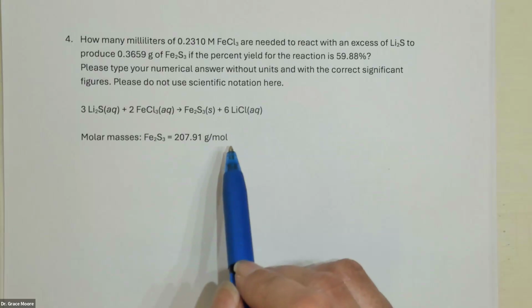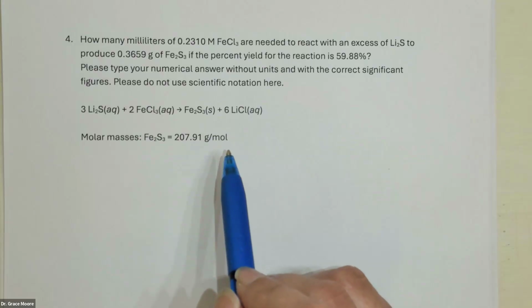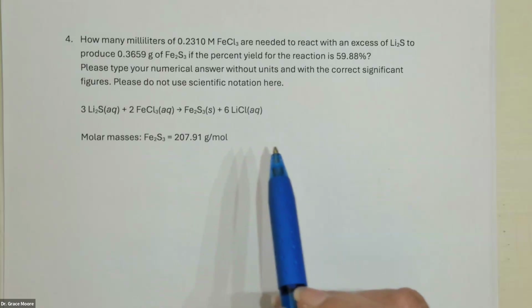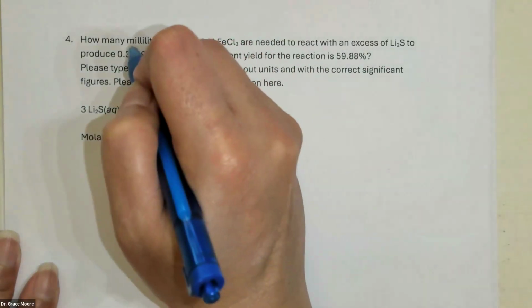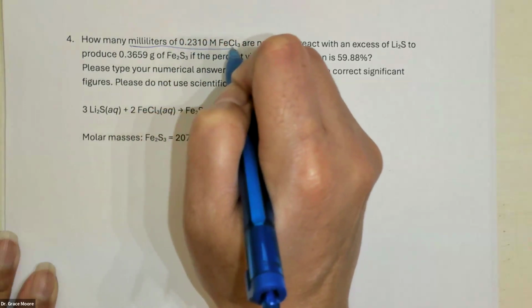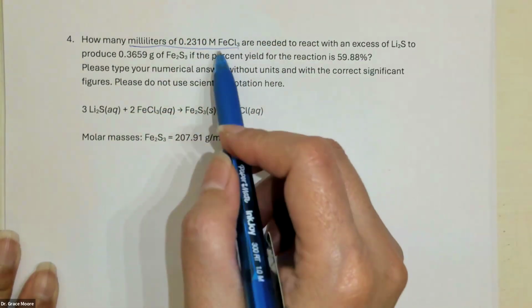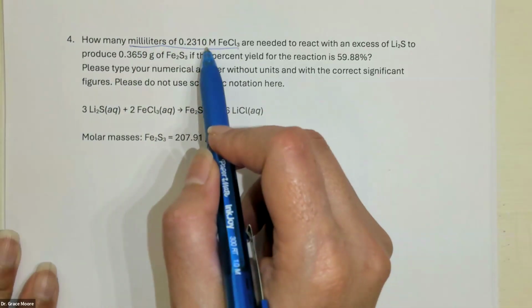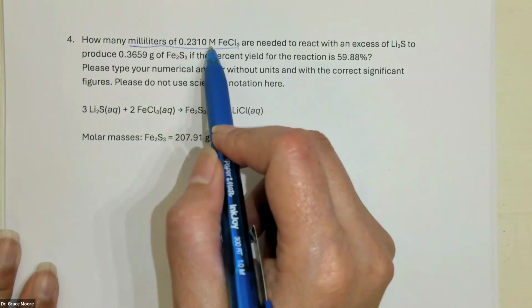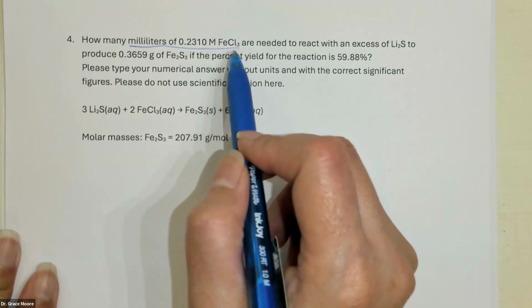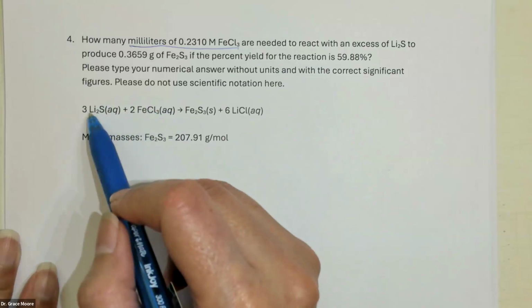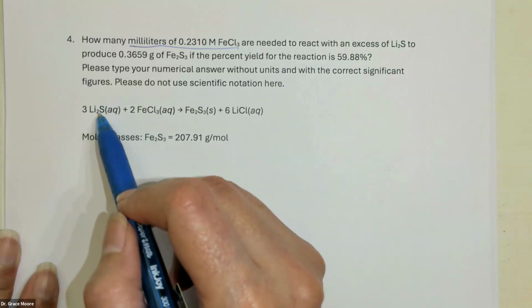So again, I like to look at what they're asking for and where I should start. If they're asking for milliliters of a solution, I will use this molarity at the end to turn into milliliters, but to use molarity to get volume, I must somehow find the moles. So I need moles of FeCl3, and it says they have excess Li2S.